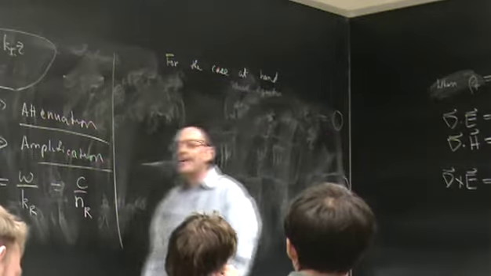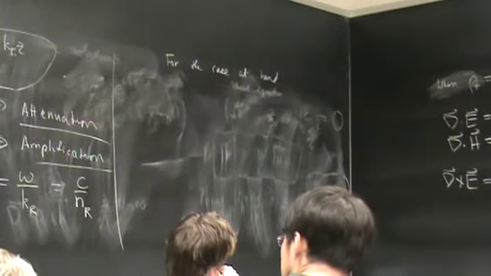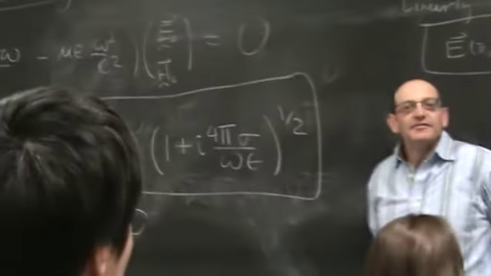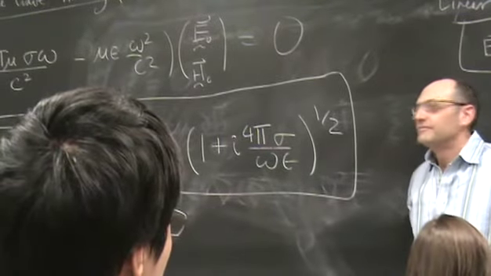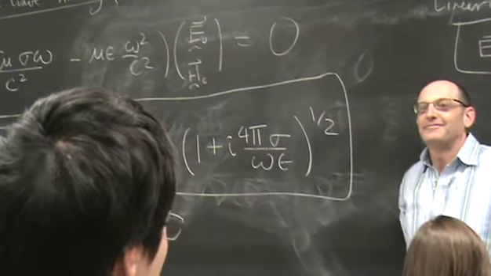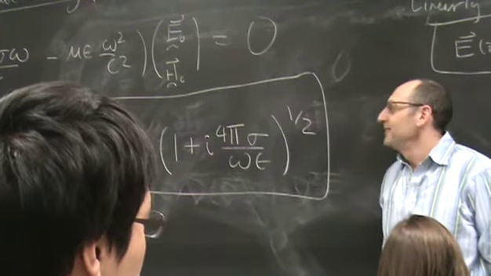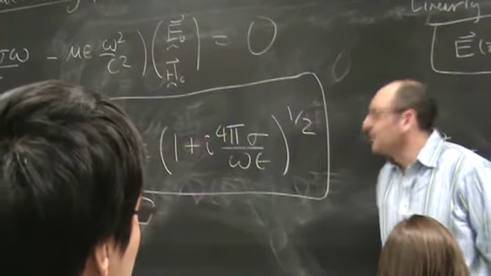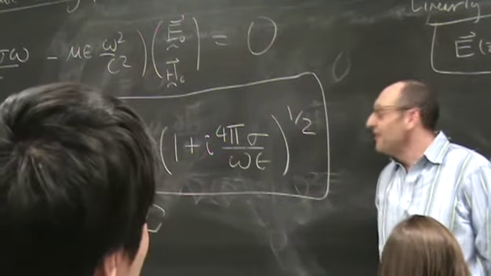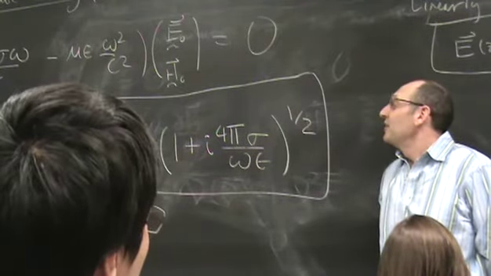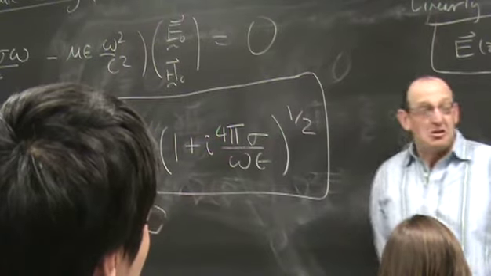So for the case at hand, how do you take the real and imaginary part of this complex number? If it was small enough, you could just... Indeed. So we will look at some limits of this, which are interesting.